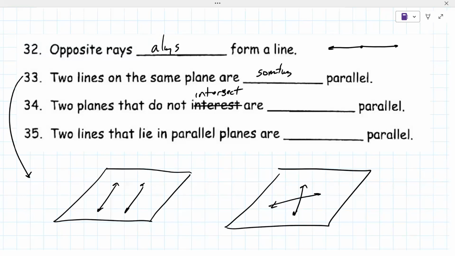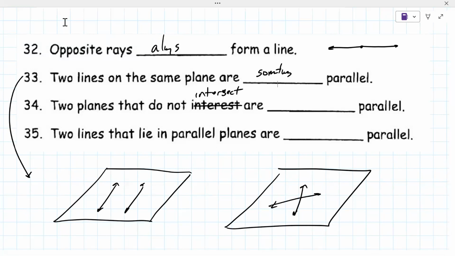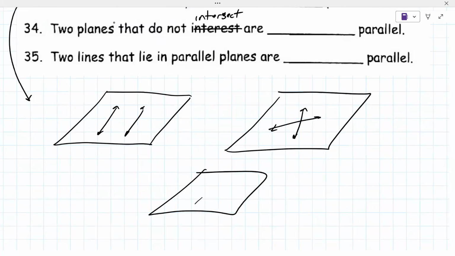Two planes that do not intersect are... Think of two sheets of paper. Like you hold up two sheets of paper, one on top of the other. They don't intersect. What does that mean? Always. They're always parallel, yeah.